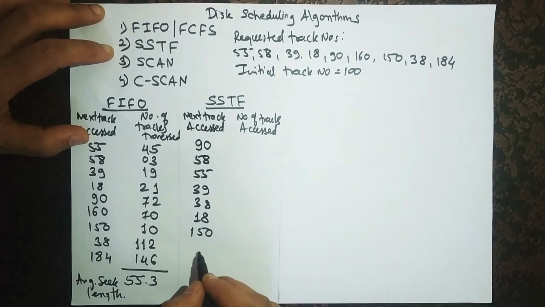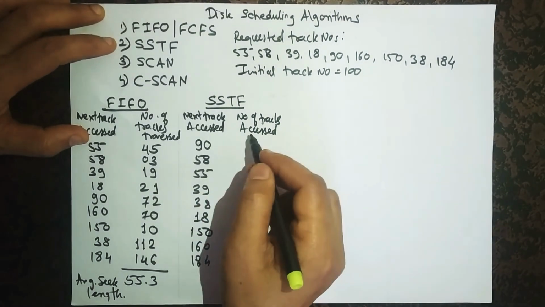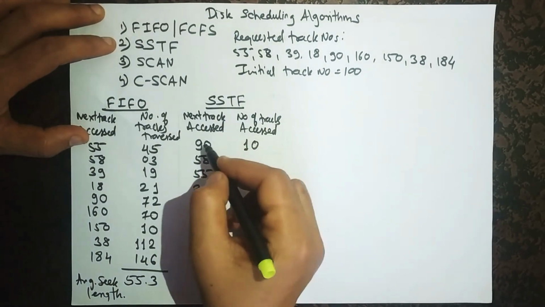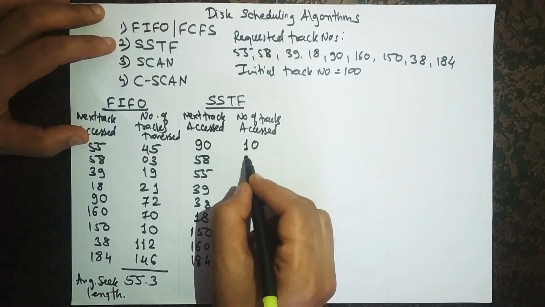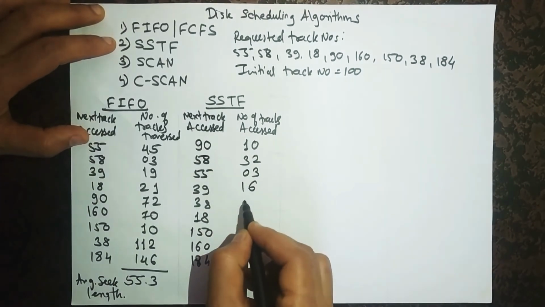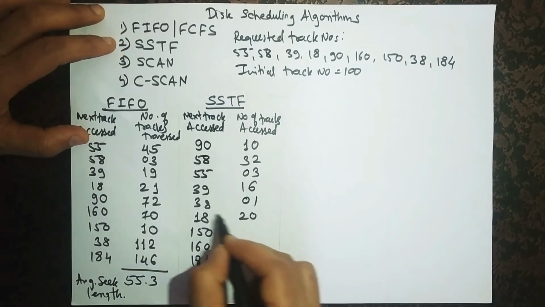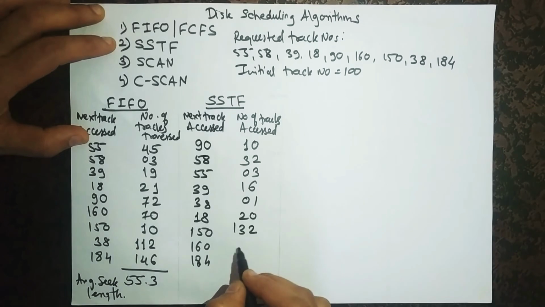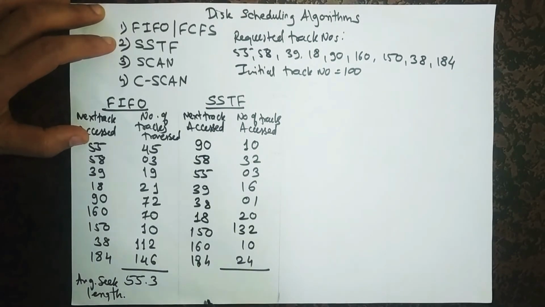For the number of tracks traversed, from 100 to 90 we have 10, then 90 to 58, 32, then 3, then 16, then 1, then 20, then 1, 32, then 10 and 24. Again we find the average seek length, which is equal to 27.5.